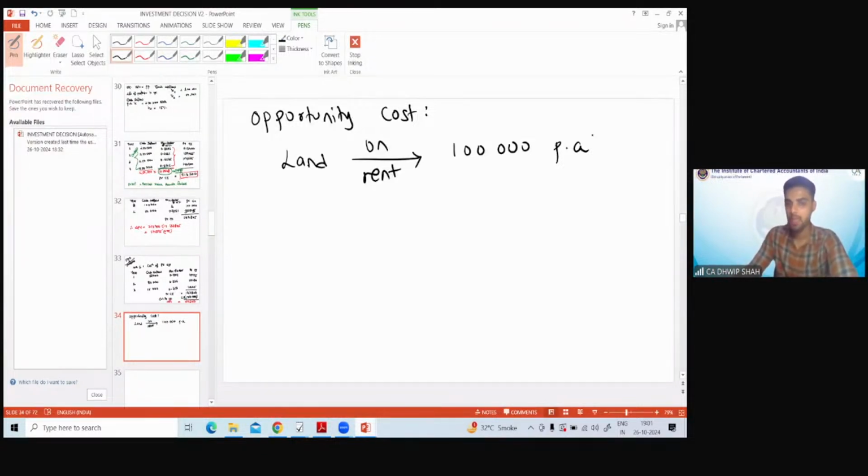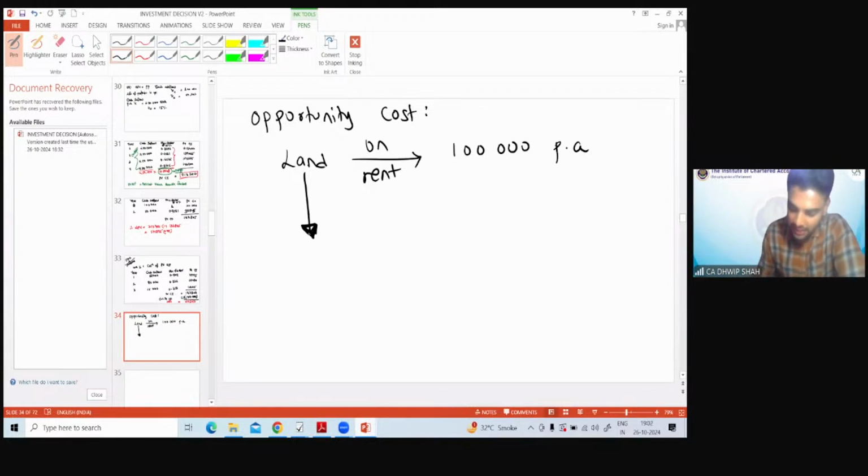Now company wishes to expand its production. To expand the production, it would need a land. So company thought, let's utilize our land and create a structure or a factory on this land.